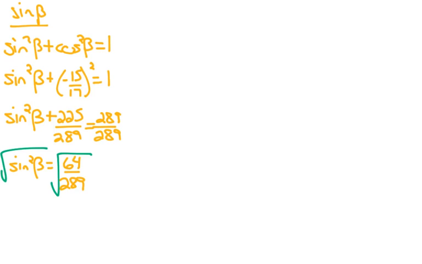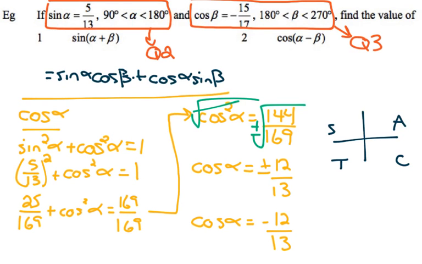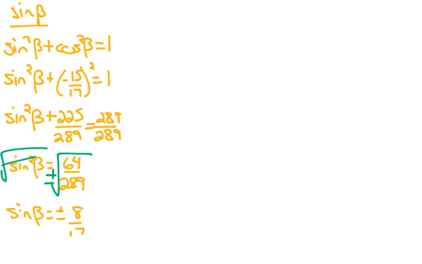Square root, plus or minus. And so sine B equals plus or minus 8 over 17. To determine whether it is plus or minus, take a look back. B, as you can see, is in quadrant 3. Quadrant 3 being T, so tangent is positive, meaning that sine B is negative 8 over 17.